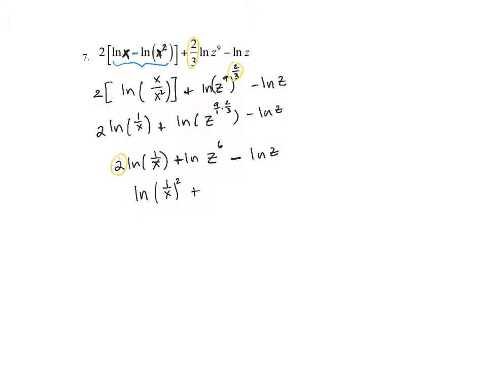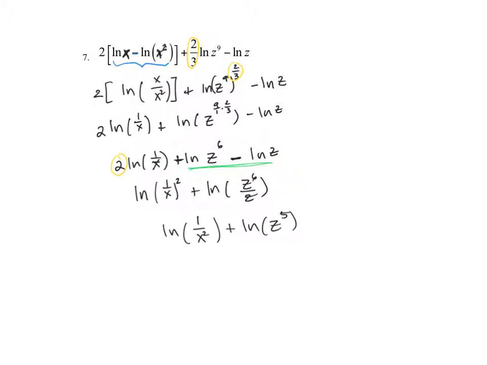And then I'll go ahead and just combine this subtraction as division. So ln of z to the 6th over z. And then this would simplify as ln of 1 squared, which is just 1 over x squared. And then that would be plus ln of z to the 5th.